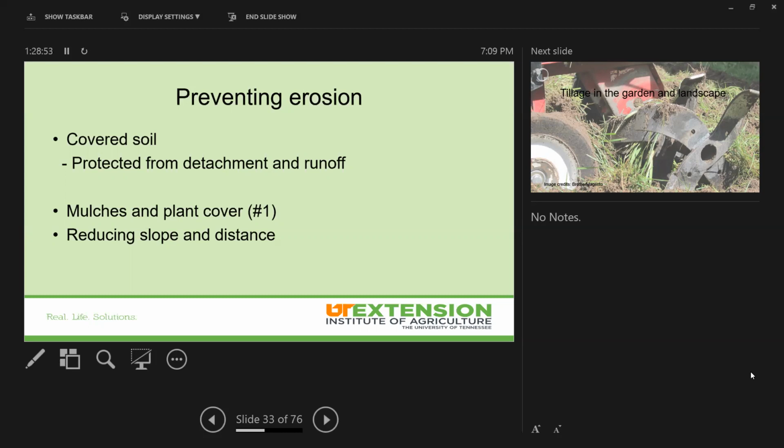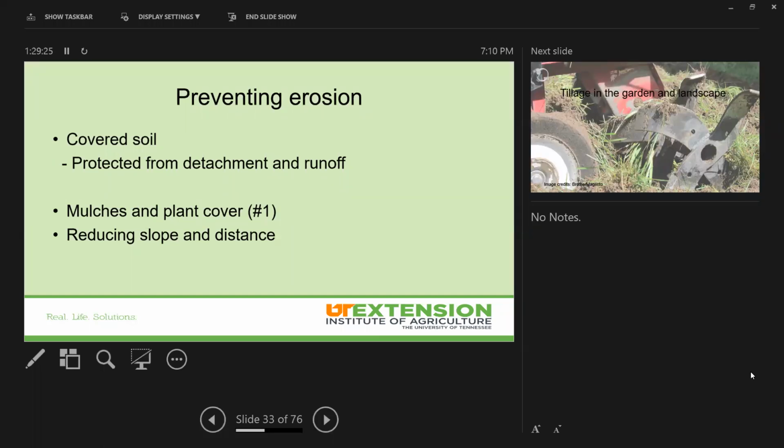Just make sure that the sun is not reaching that soil surface, and try not to till too deeply, because there's always going to be a seed bed of dormant seeds. And so when you go to digging, you bring them up to the sunlight, and they're going to come to life. And so that's why we look at minimum till, just barely tapping the top of the ground. But you do want to keep that soil covered so that the light doesn't get to the weed seeds.